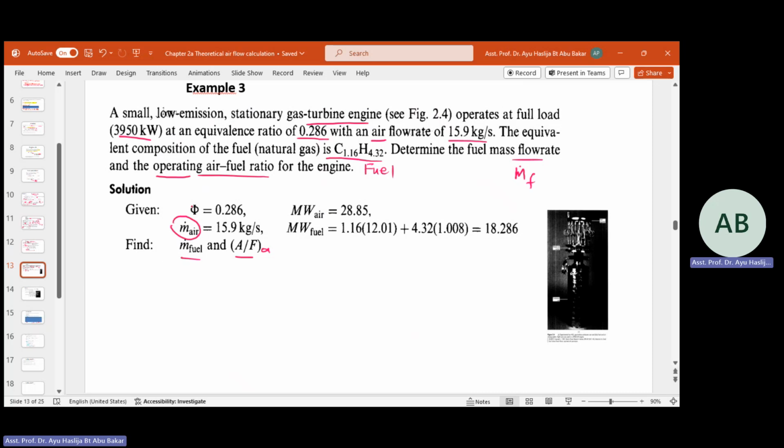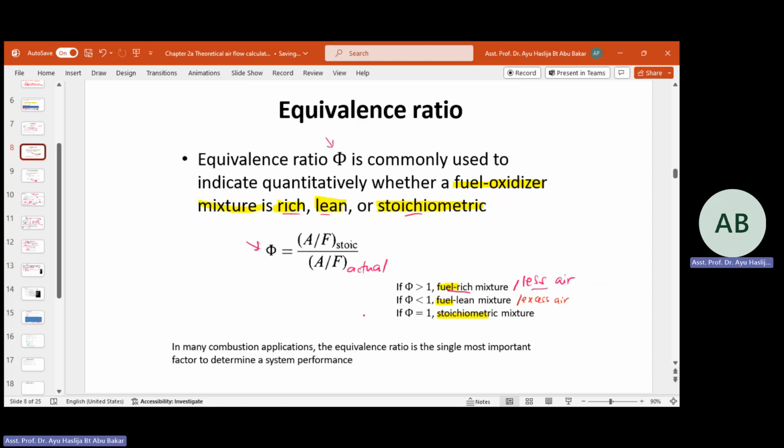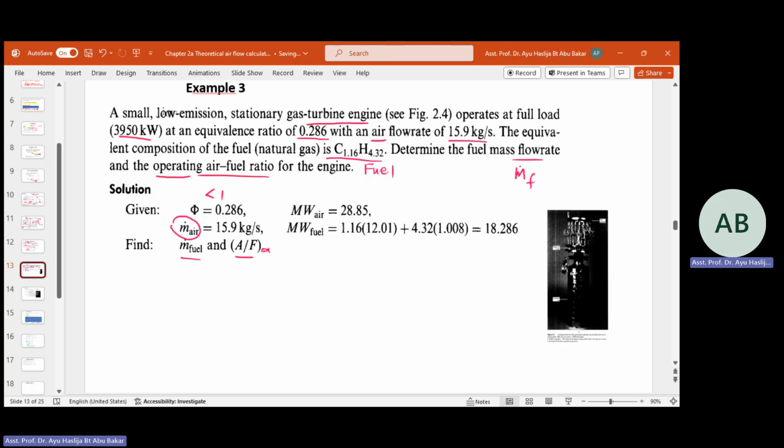Okay, now it gives an equivalence ratio of 0.286, which is less than 1. Less than 1, from the earlier slide, means fuel lean. Excess air. So it has excess air. How many percent excess air we do not know. It just gives the equivalence ratio. Okay, then its fuel is this one.